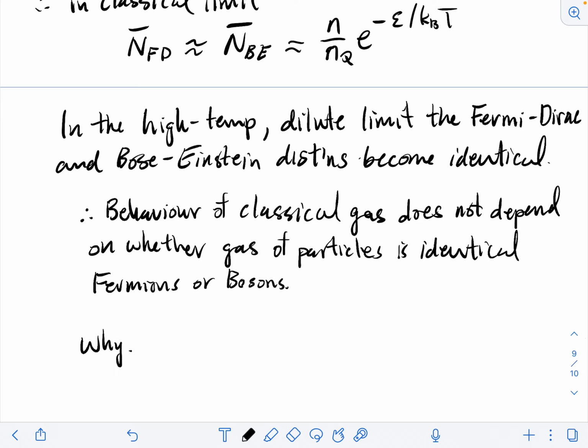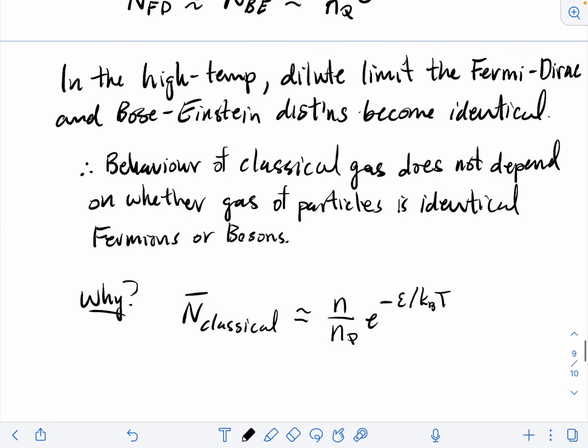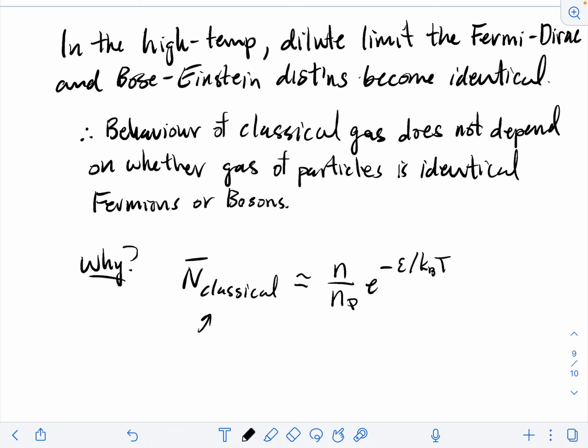Well, this n classical is given by this expression that we just derived: n over nq times e to the minus epsilon over kBT. And what this is telling us is the average number of particles in a state with energy epsilon at temperature T.